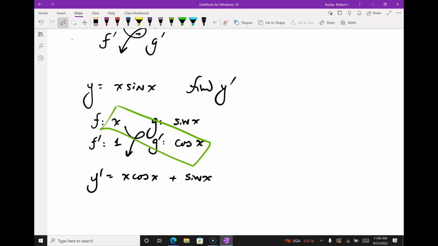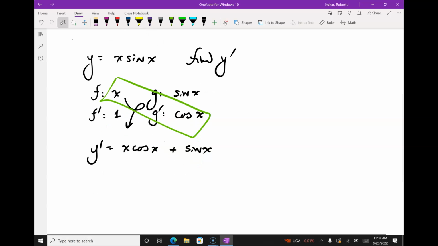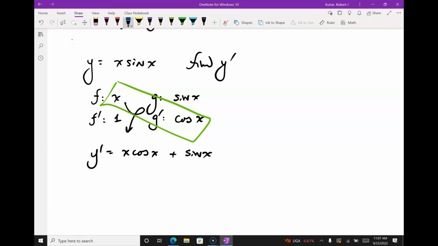Right now, you are just going to pretend that you have some new function and you want to find the derivative of it. That's all you're going to think about for second derivative. But watch how I do this. I'll say y double prime is x cos x prime plus sine x prime. I have to get the derivative of each piece of my original function.